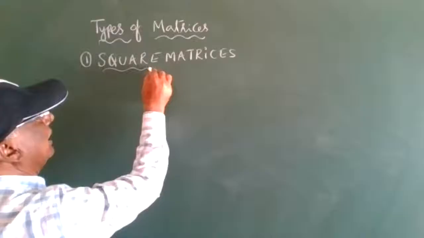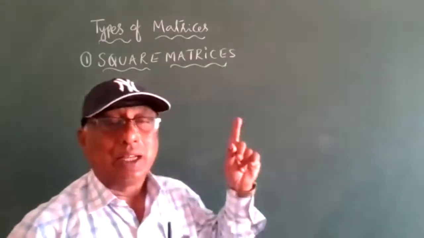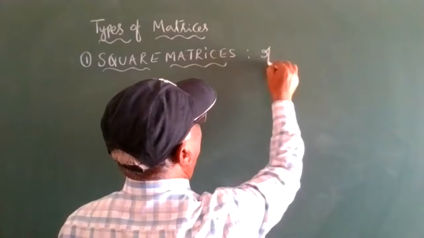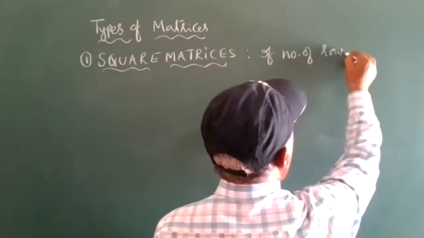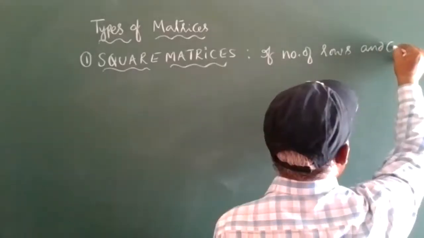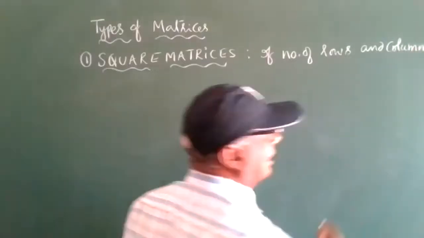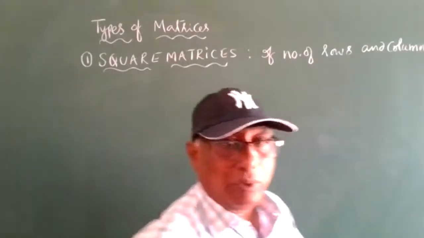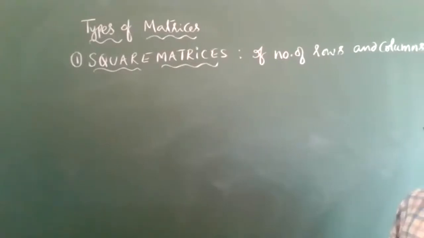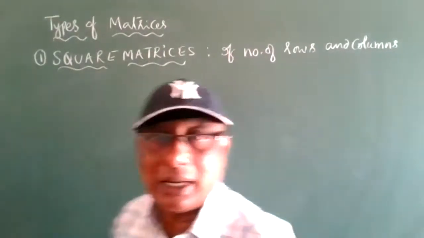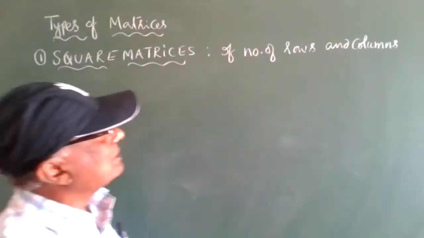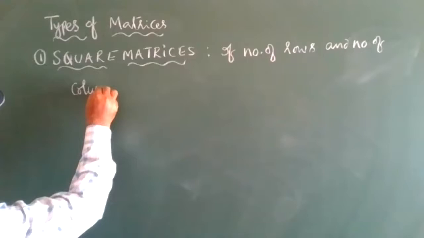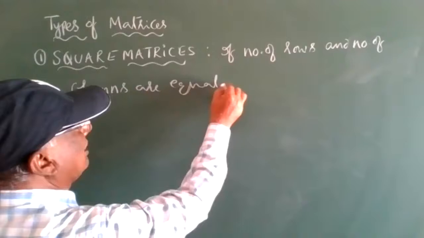If the number of rows and the number of columns are equal, that matrix is called a square matrix. Rows mean horizontal lines, and columns mean vertical lines.